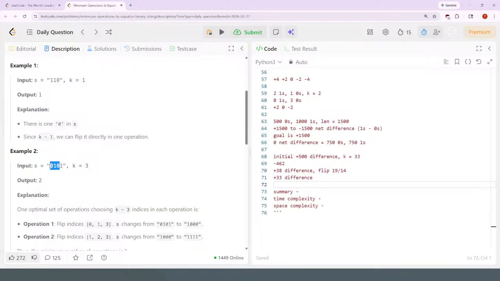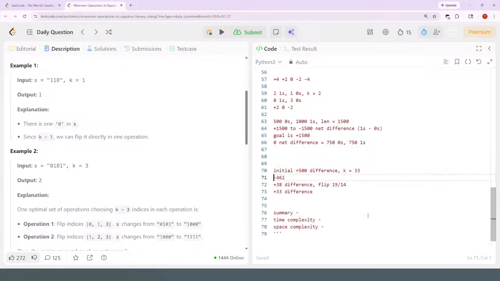Two zeros. But if there were 2 zeros and k was 3, and there was only 1, 1, I don't think that works, right? Yeah, you'd have to go 1, 1, 0, just toggling it back and forth.